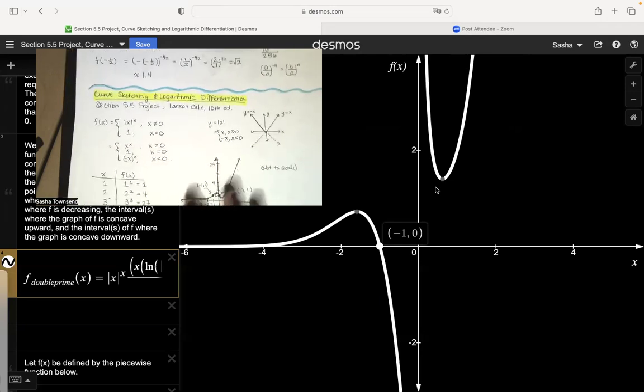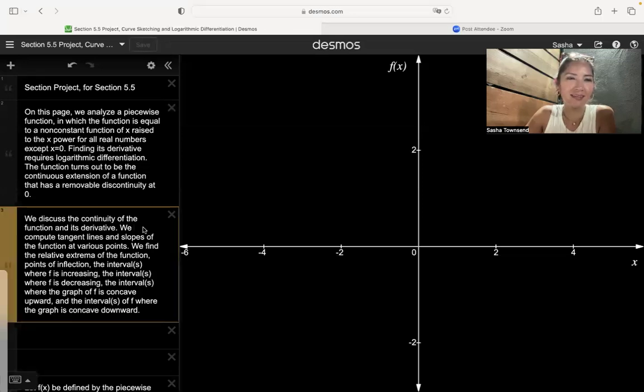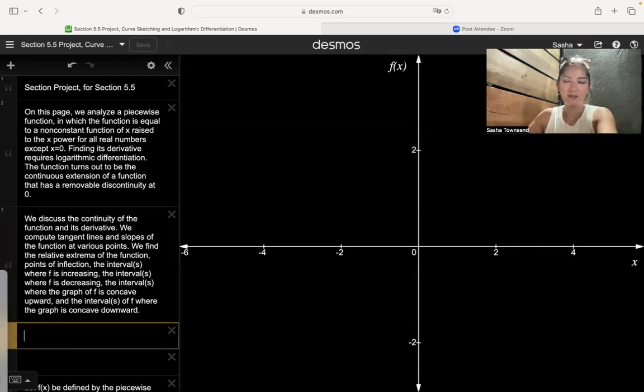Let's look at Desmos. We'll use Desmos to graph this now and confirm some of our calculations. Now, pretty much everything that we've discussed could have been done on Desmos, but I wanted us to make sure that we actually could graph the function by hand without using the graphing calculator to do all the heavy lifting.